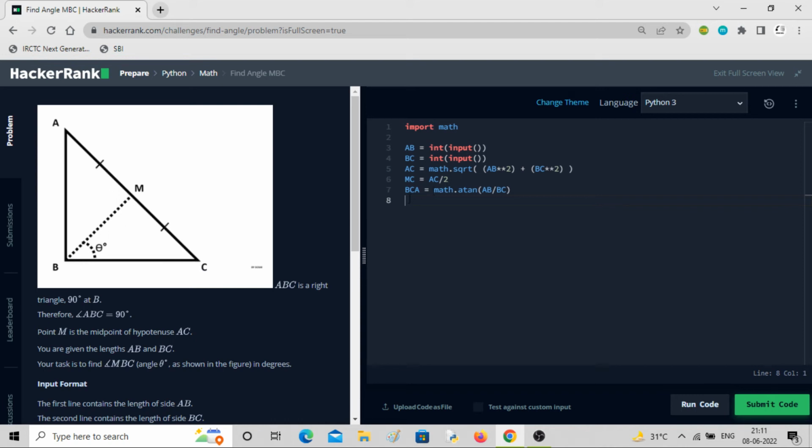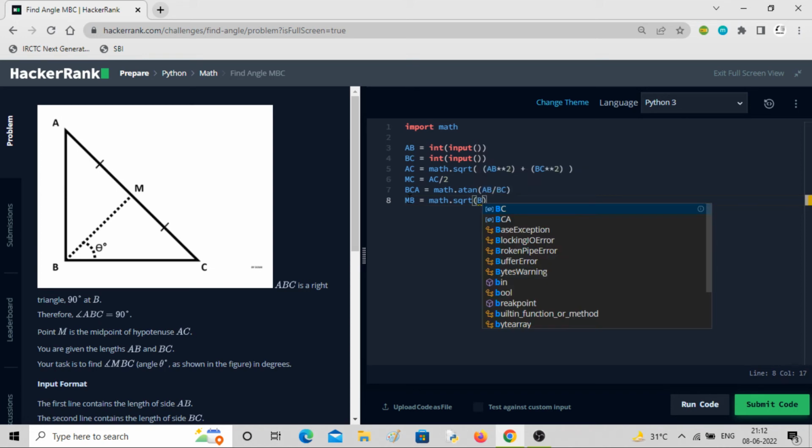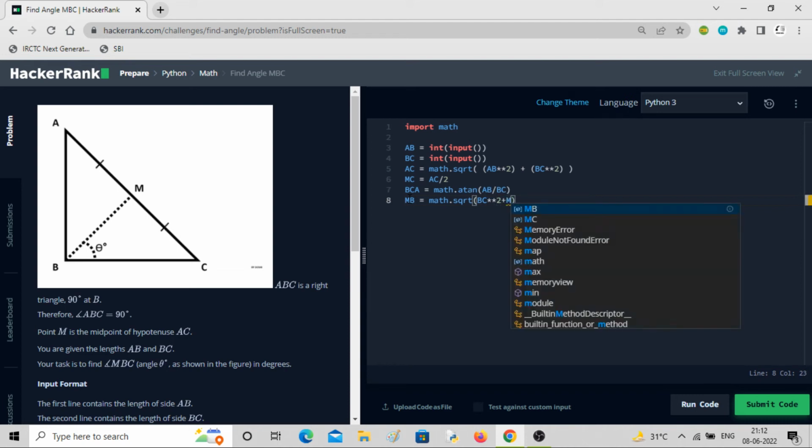So I'll write the expression MB is equal to that cosine formula. So math dot sqrt, inside the square root, I'll have BC square plus MC square, right? BC square plus MC square, I'll keep this in a bracket.